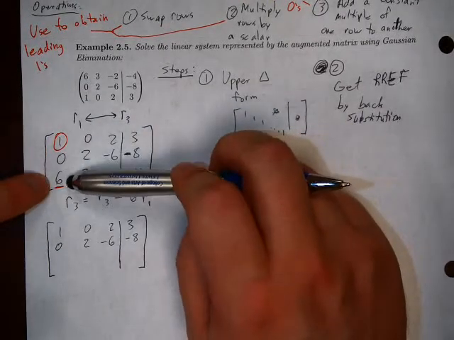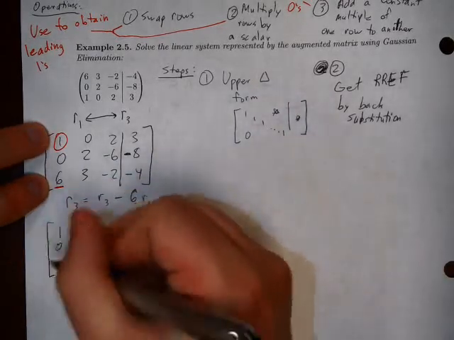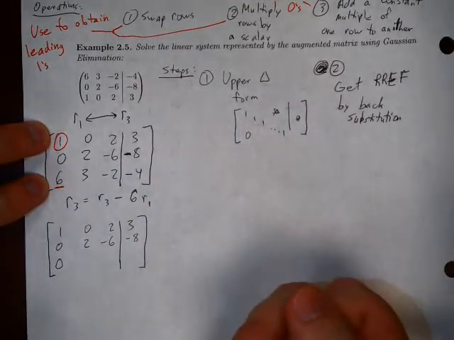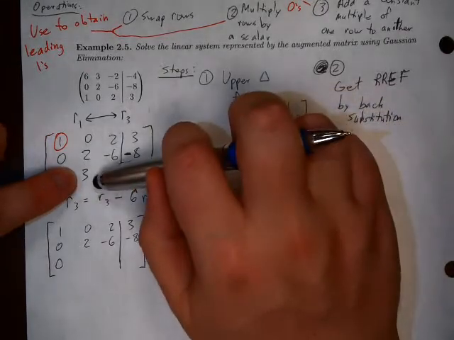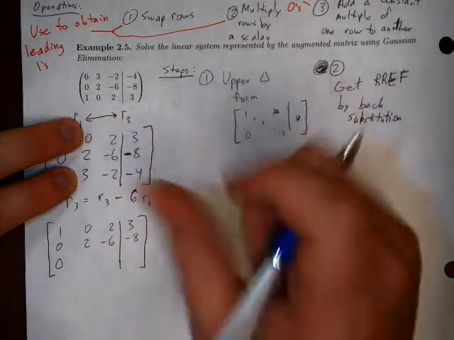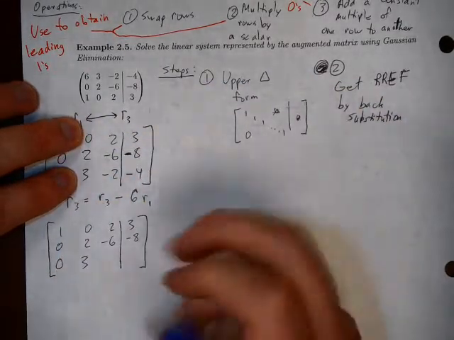So this will be 6 minus 6 times 1, which is 0. Then 3 minus 6 times 0, which is still 3.